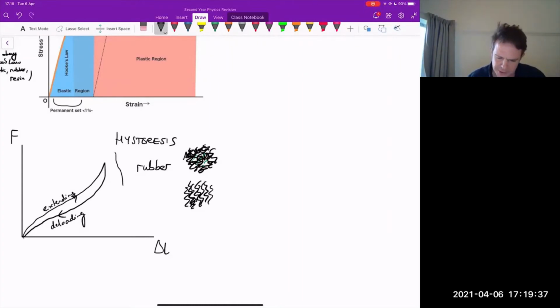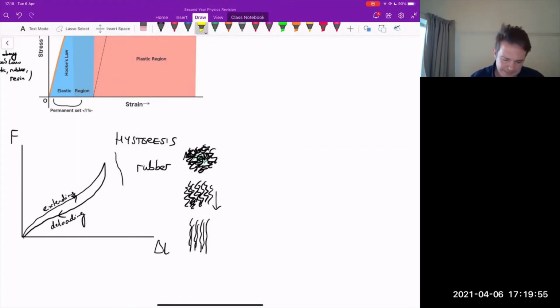Then the next phase is stretching or extending the molecules when they're fairly well aligned. And then of course it gets harder once you stretch them a certain amount. It's going to become more difficult to stretch them again.